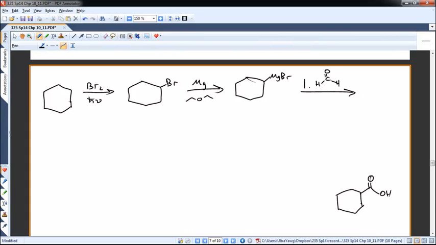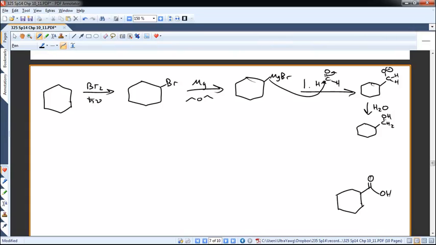So that would give me this. Then I have to add water or acid, doesn't matter. So that would give me that. I'm just protonating this alkoxide.